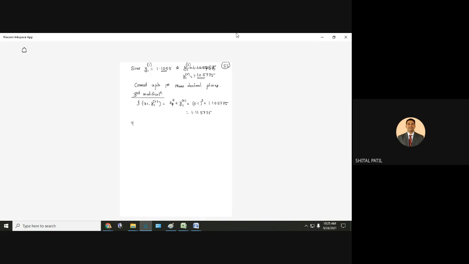Now y1 raised to 3 equals y0 plus h by 2 f of x0 y0 plus f of x1 y1 raised to 2, sorry. So this is 0.1 divided by 2, this is 1 plus 1.115775.